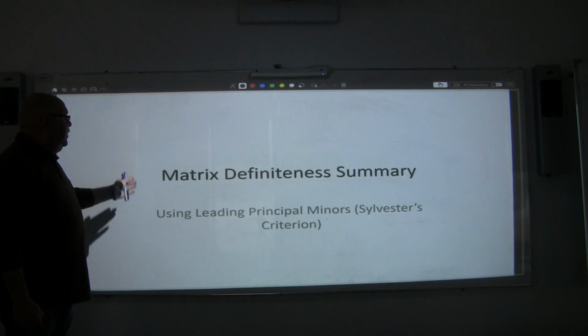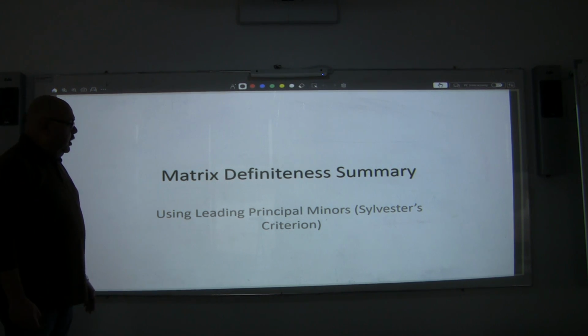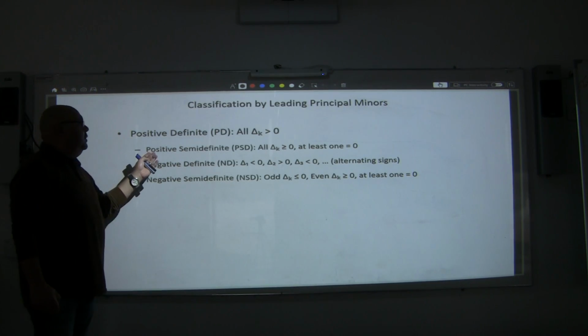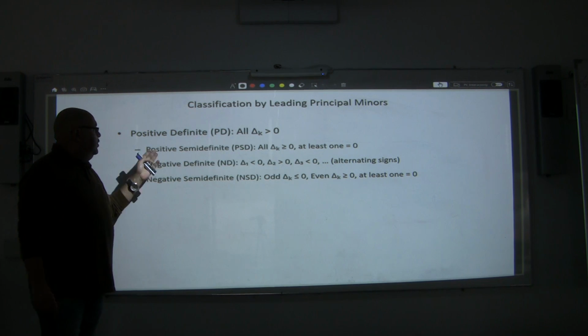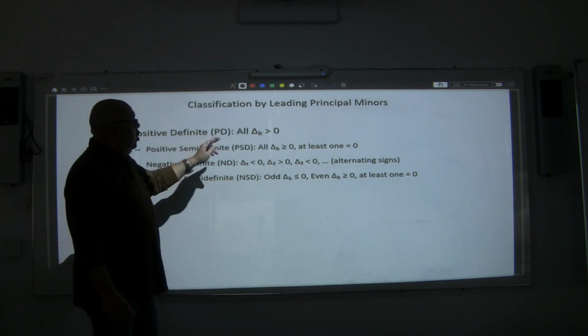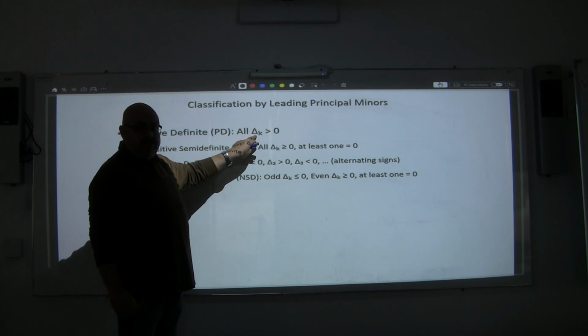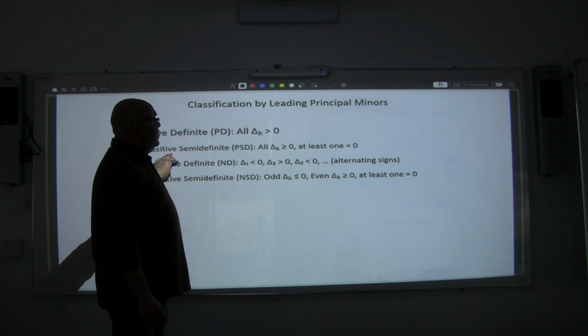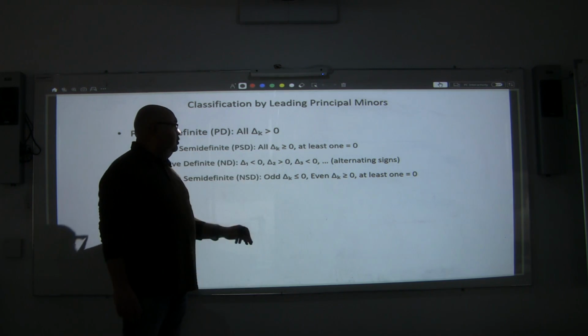This is called Sylvester's criterion, using the leading principal minors. So the classification simply is: positive definite will happen when all the principal minors are greater than 0. Positive semi-definite if they contain zeros.